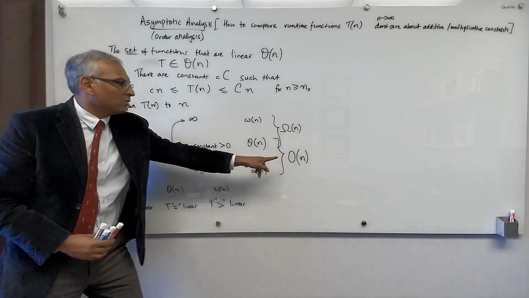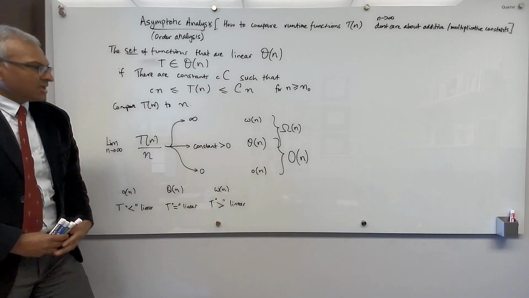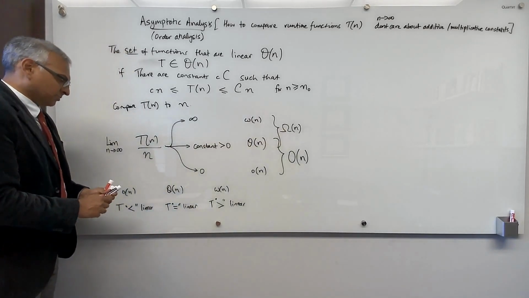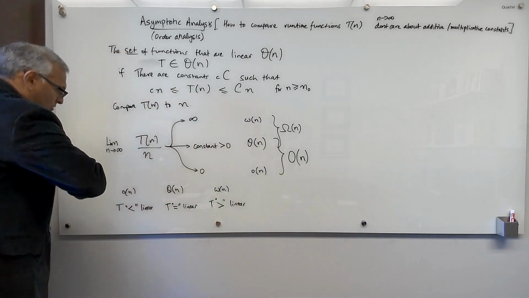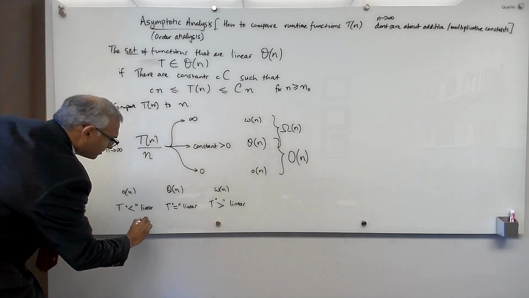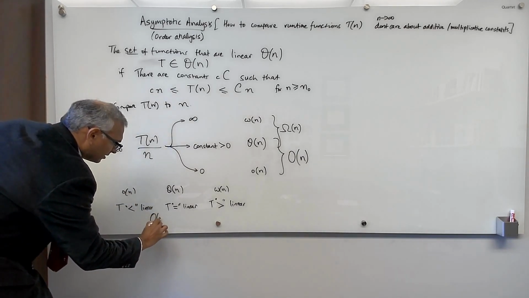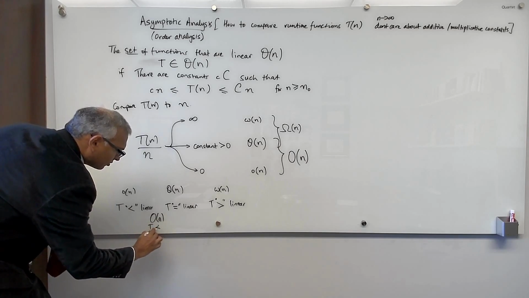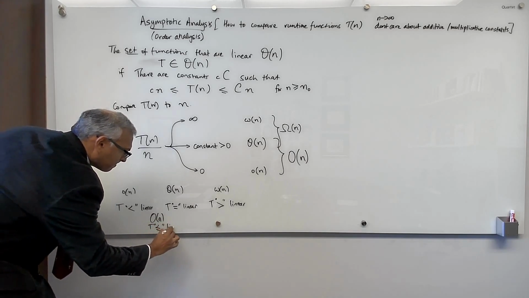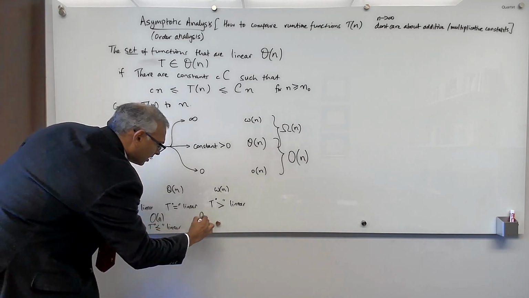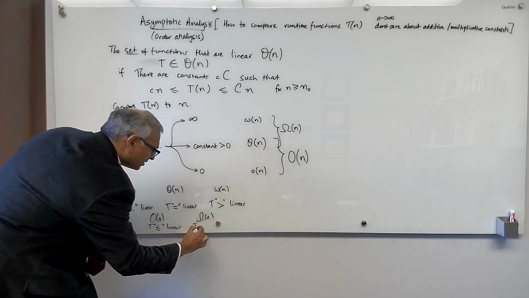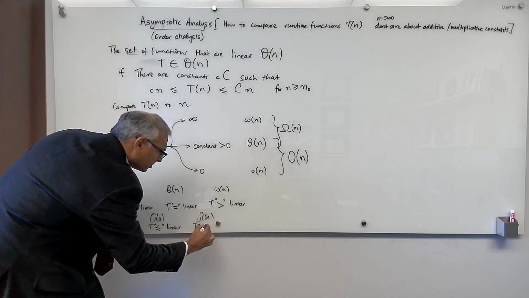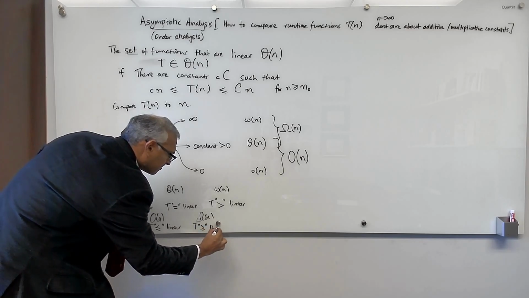So you can think of big O of n as t is less than or equal to linear. And big omega of n is that t is greater than or equal to linear.